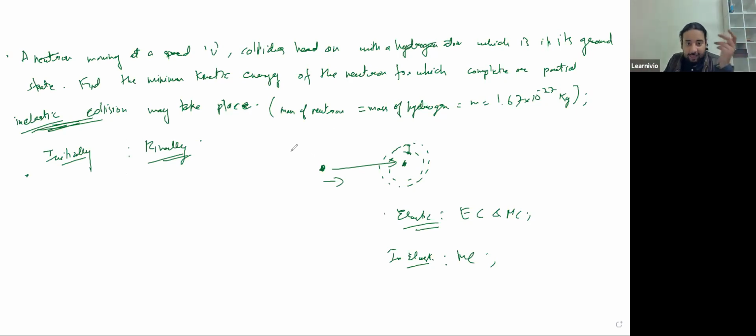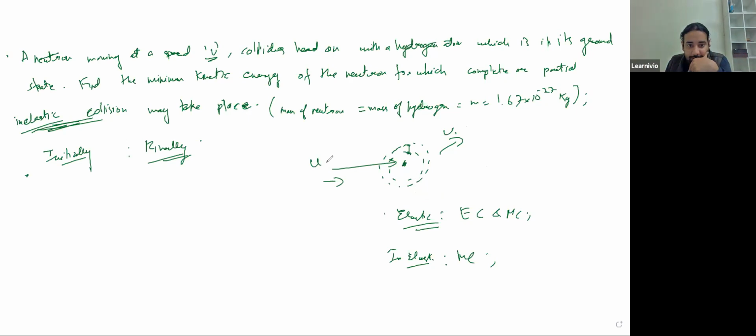So let's see what is happening initially. You have the speed of the neutron to be v, some v, and initially the atom's is 0. Actually, we need different things for this. Let's not call this v. Let's call this u, because it's initial.